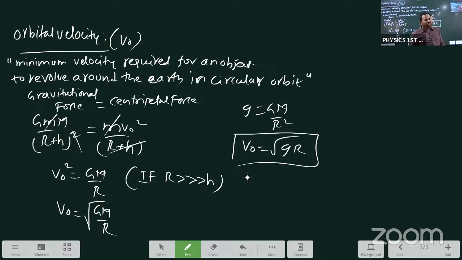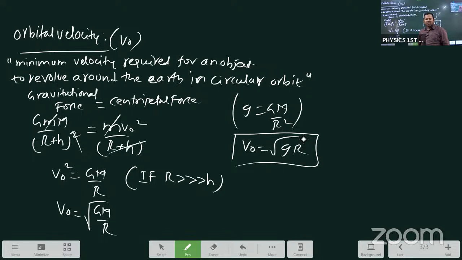4 scheme of evaluation points. The first statement gets 1 mark: in equilibrium position, gravitational force provides centripetal force. Point number 2: after substitution, this equation. Point number 3, that is 3 marks up to here. Then 4th mark: V0 equals root of gR. Compulsorily, write this step in brackets. This is orbital velocity in the short way.